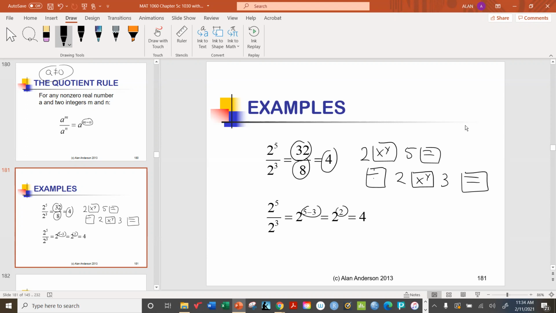Now, that seems like a lot of steps, doesn't it? All right, let's confirm this real fast. 2 raised to the 5th equals, don't forget that equals, divided by 2 raised to the 3rd.